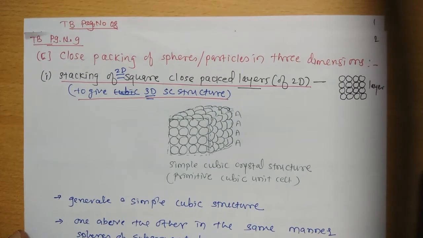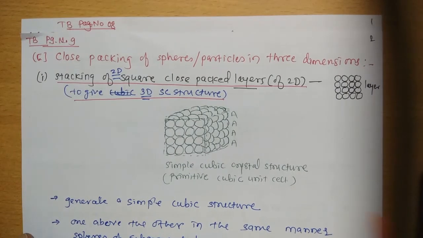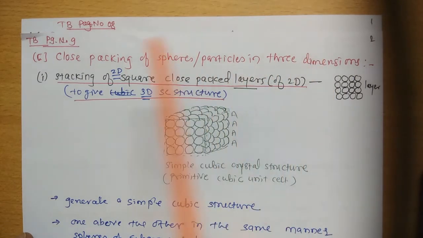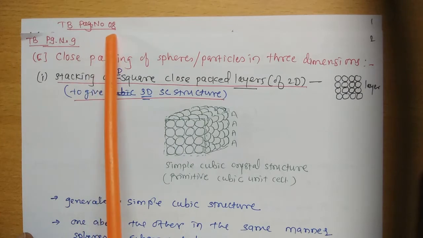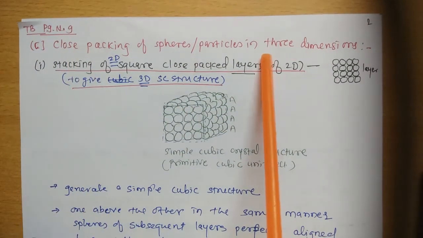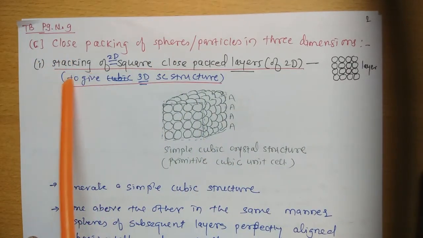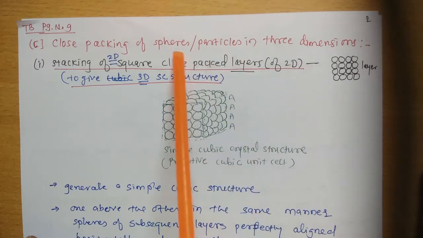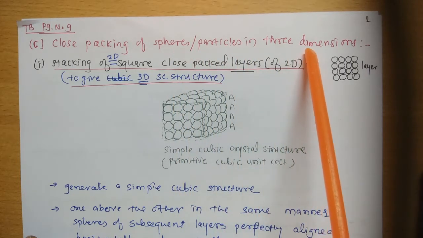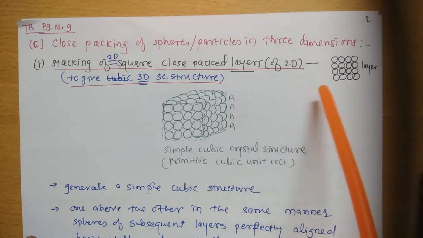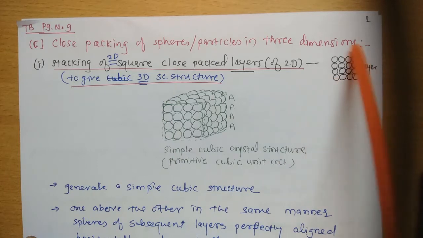Now let us study the close packing of spheres or particles in three dimensions, textbook page number 9. Close packing of spheres in three dimensions. To achieve the arrangement of the spheres in three dimensions, it can be done with the help of square close packing in two dimensions.